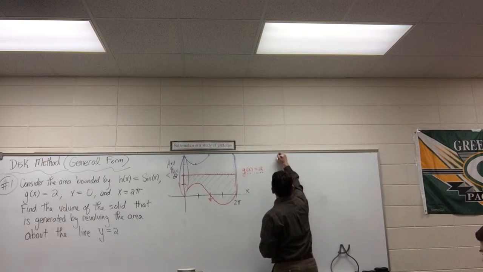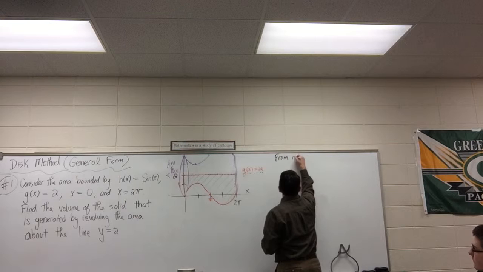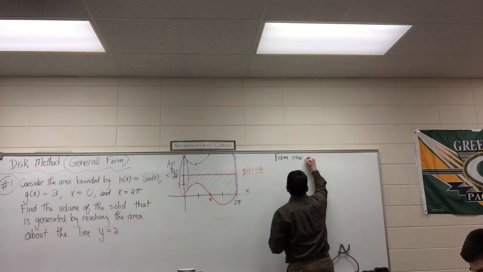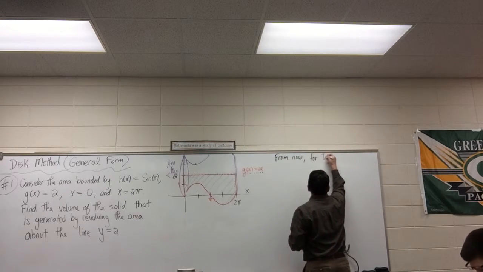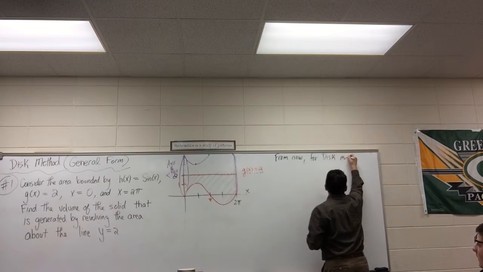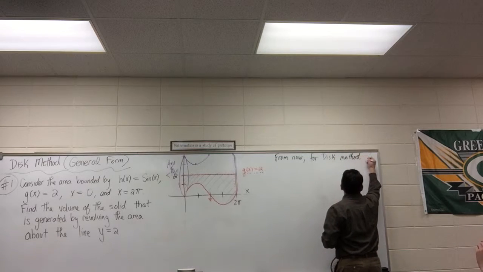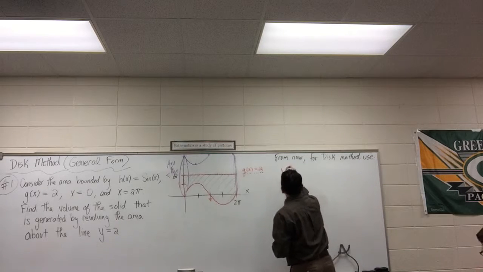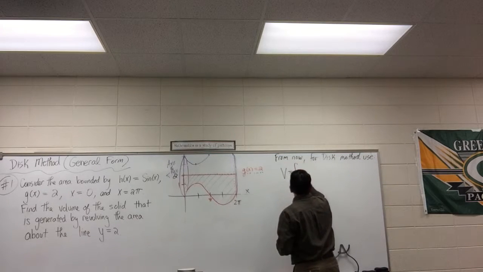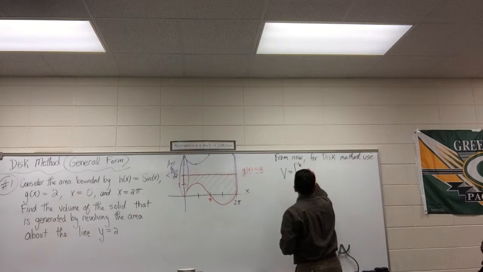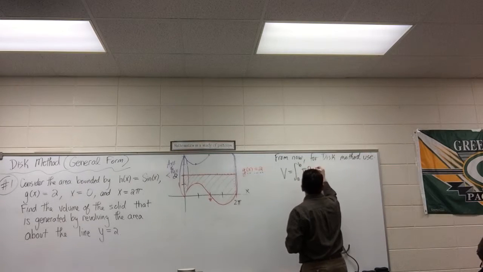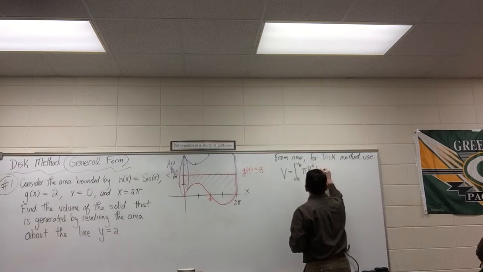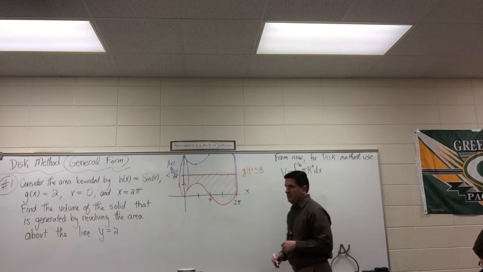Now, from now on, for the disk method, we're going to use the following. We're going to say the volume is equal to the integral from a to b of pi r squared dx.